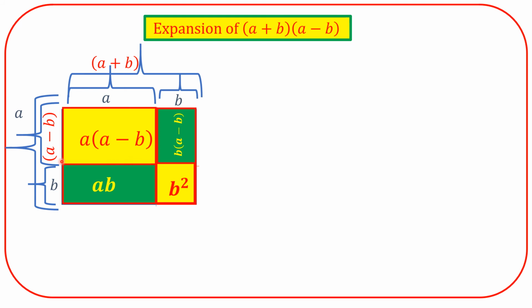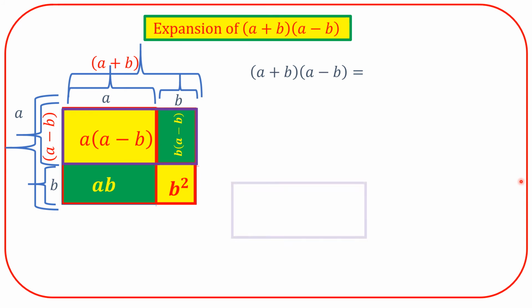Means now we consider the area of only this rectangle, this upper side yellow rectangle and green rectangle. (a + b) in second bracket (a - b) is equal to this part.